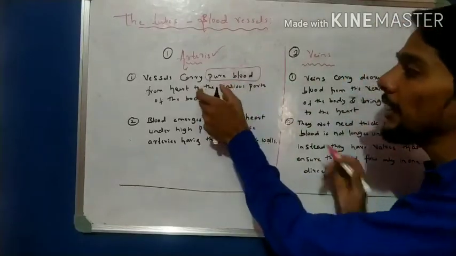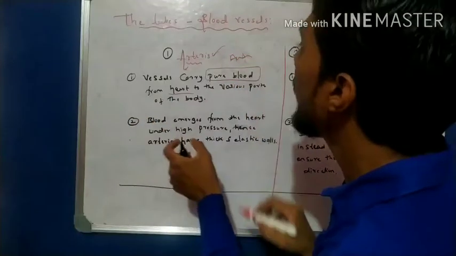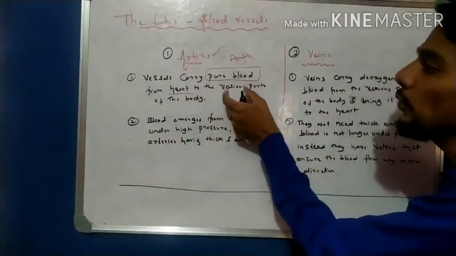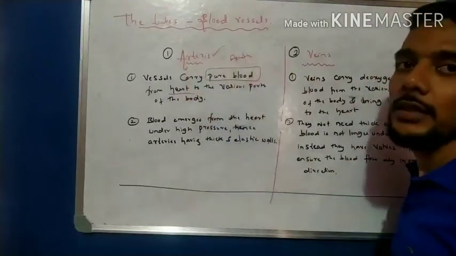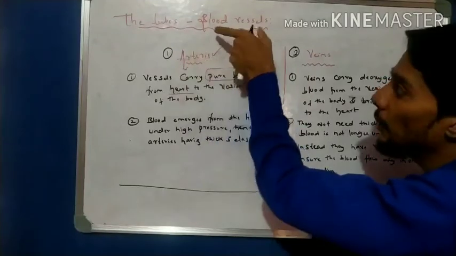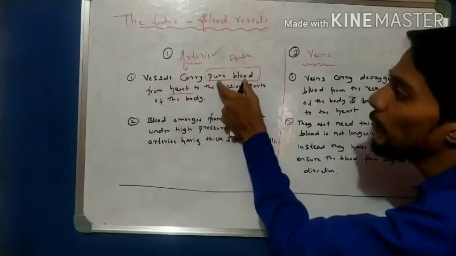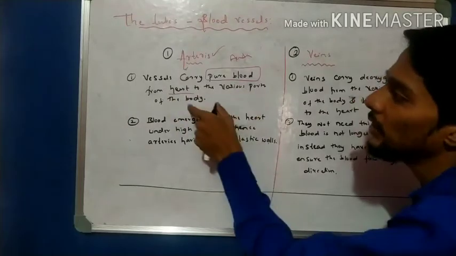They collect the blood from the aorta and then send it to various parts of the body. So that is the function of the arteries, right? Arteries are the blood vessels which carry pure blood from the heart to the various parts of the body, right? This is about the arteries.